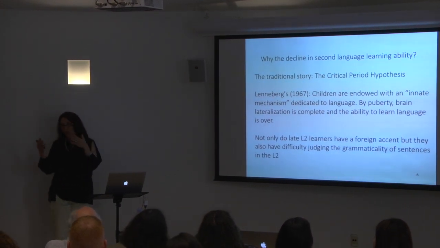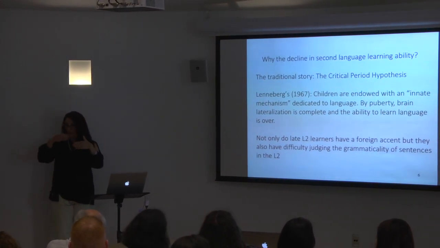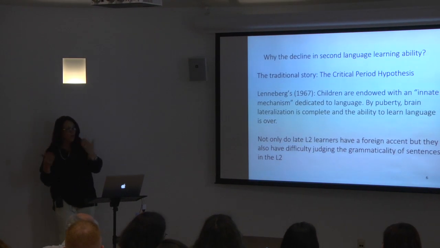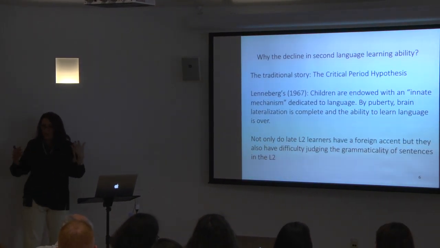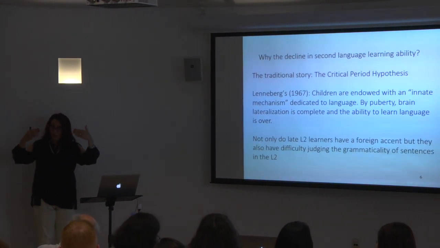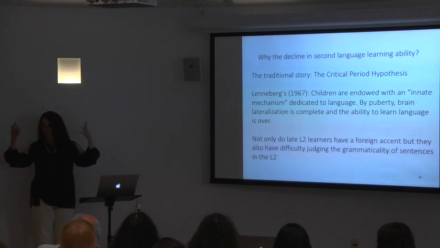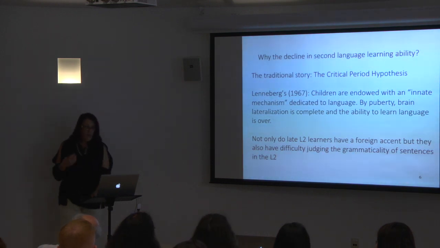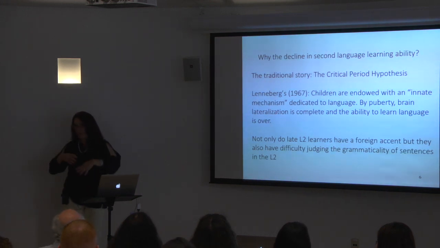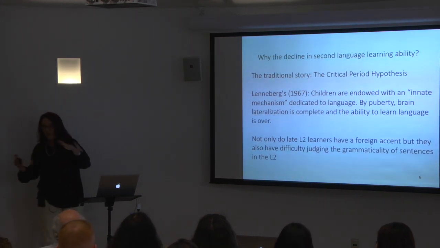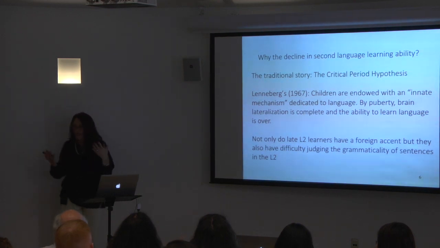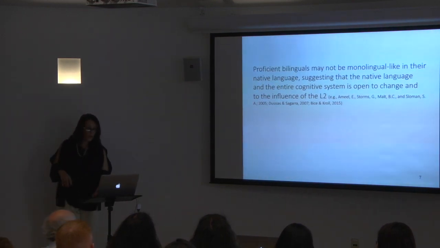And so if it's very difficult after a particular age, then we really don't expect not only to become proficient in the second language, you certainly would not expect your first language to change, right, given these assumptions. But we now know that the idea that there is a critical period after which it is very difficult or almost impossible to learn a second language is actually not true. It's actually mythology.